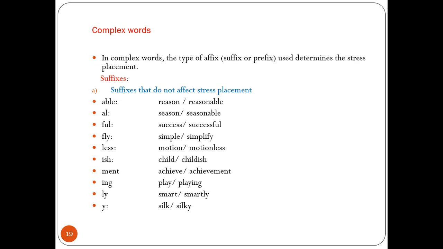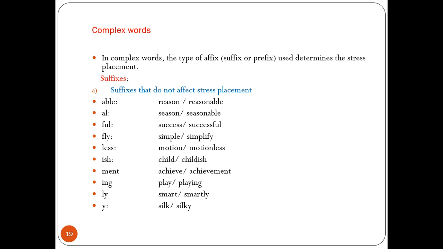We have got some suffixes. First we need to discuss suffixes. We have got some suffixes that do not affect stress placement. How? For example, we have got a word reason. In the word reason, the first syllable is stressed, and when we added the suffix able, nothing happens. It remains the same: the first syllable was stressed without the suffix, and it is still the first syllable which is the strong stressed one.